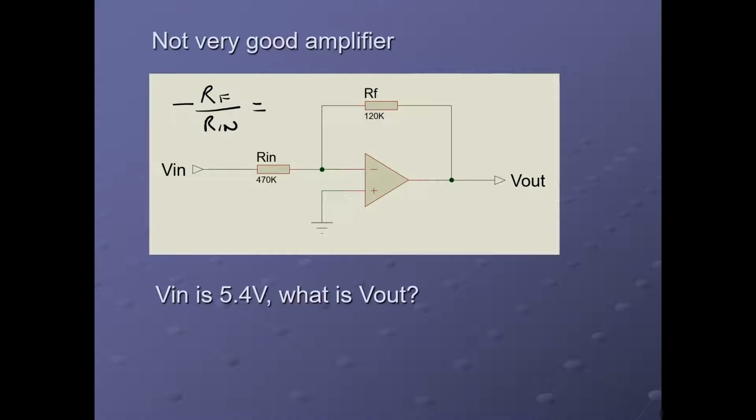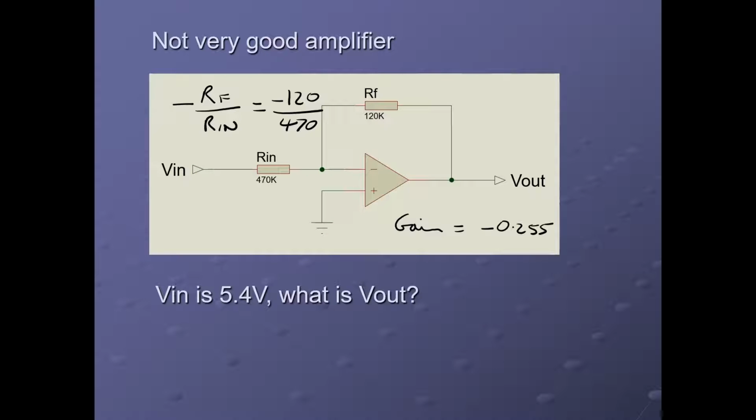So my gain here is minus 120 over 470. That doesn't give you a very good gain, does it? 120 divided by 470 is actually equal to 0.255. So this has a gain of minus 0.255. The output comes out smaller than the input, so it's not amplifying at all. That's why it's not a very good amplifier.